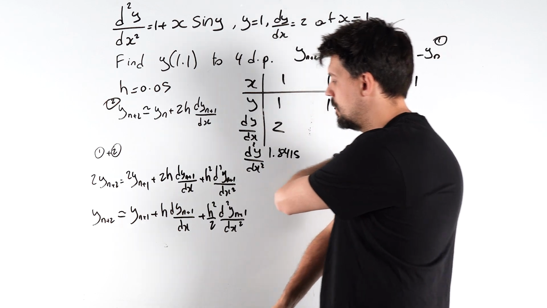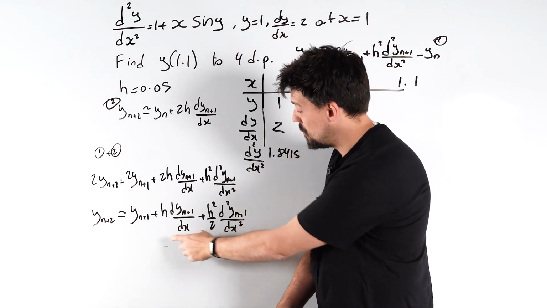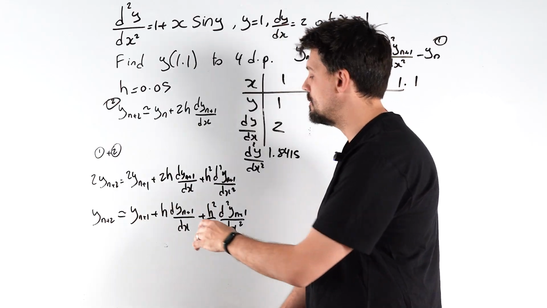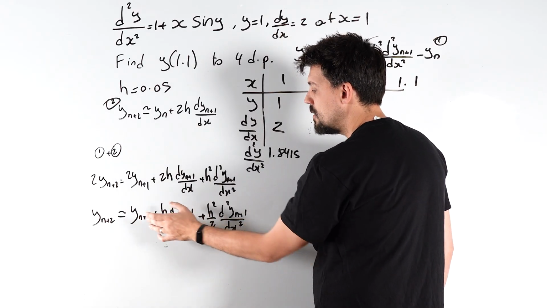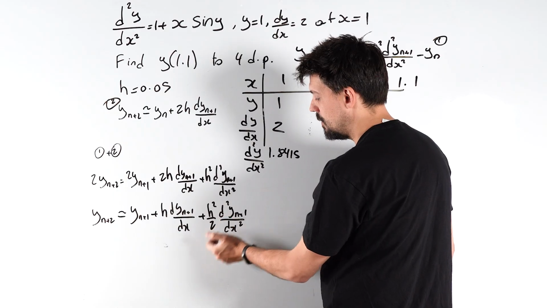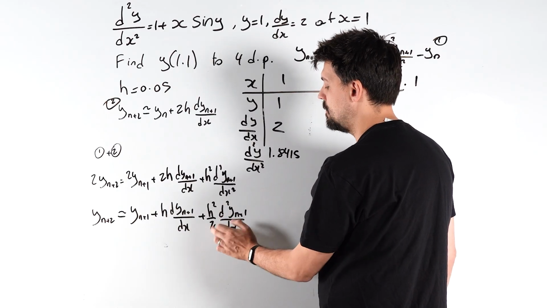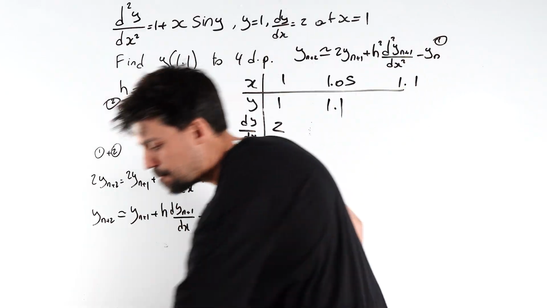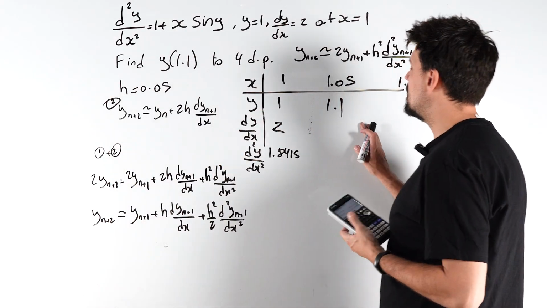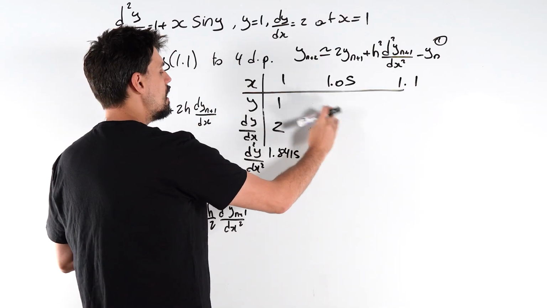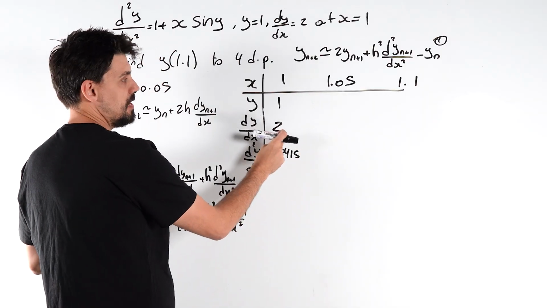Which is actually getting quite close to a two-term Taylor series. You can have a look-see at that one as well. It's kind of like the one step, but we are taking into account the second derivative to get an even better fit. So we're not going to use this incredibly coarse approximation here, because I know dy dx at the previous one.